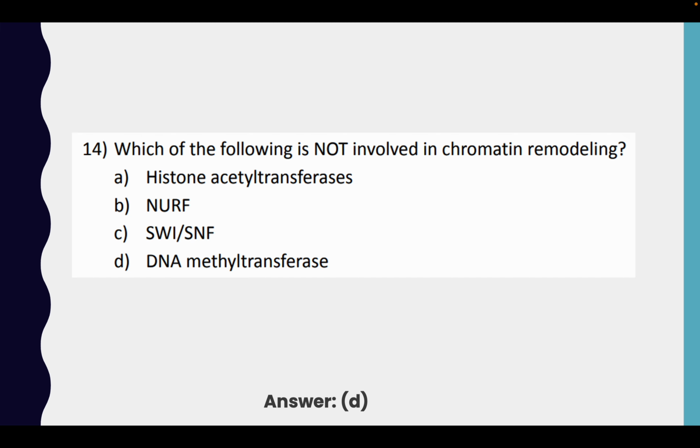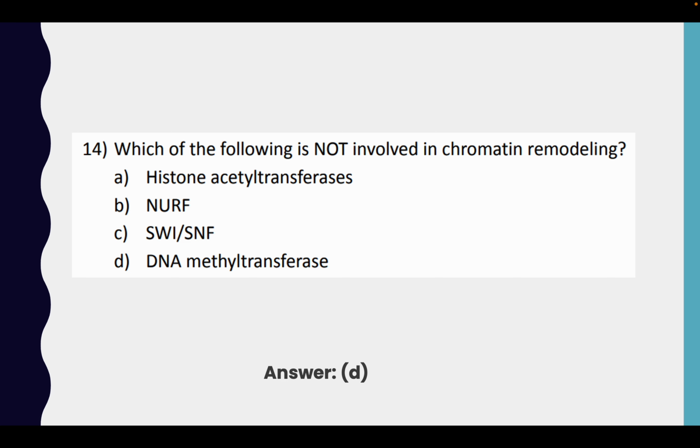It is DNA methyl transferase. Out of these, DNA methyl transferase is not involved in chromatin remodeling. Chromatin remodeling is the process of changing the way DNA is packaged in chromatin. This can involve moving, ejecting, or restructuring nucleosomes, where chromatin modifying enzymes play the role.